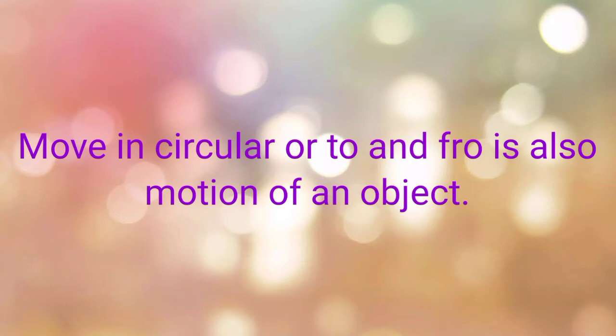That is called motion. When we apply force, the object may move in a circular direction or to and fro, means back and forth. That movement of the object is also known as motion.